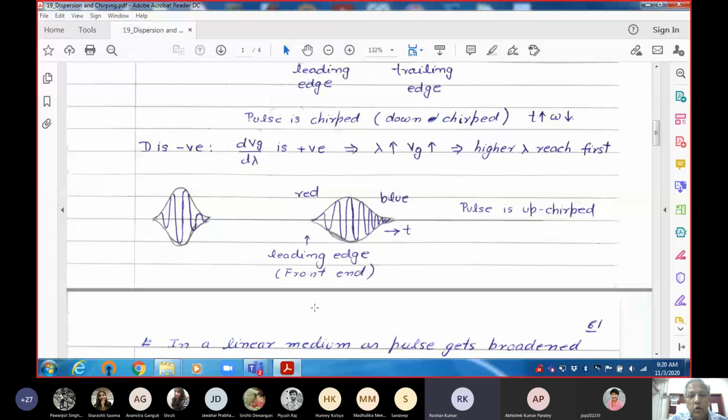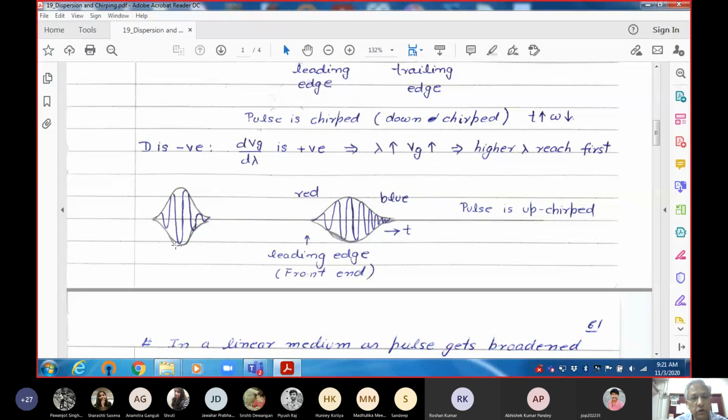In the red part, because a pulse is of finite duration, if you take its Fourier spectrum, you can show that it contains different frequencies. Right now, what I have plotted is the instantaneous frequency of the light in the pulse envelope. That across the pulse remains constant, but the fact that it has a finite time duration means it has a certain bandwidth.